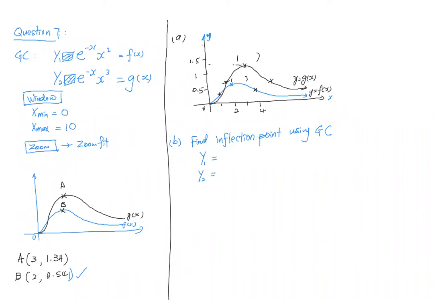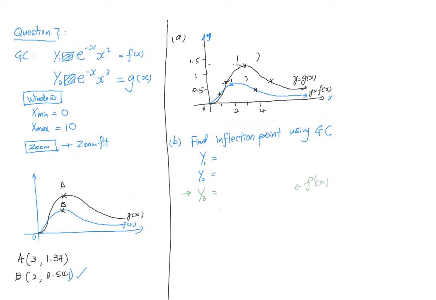So what you need to do is put in Y3. This is important. You want to put in Y4, wherever, it doesn't matter. So you go to the math button and put in f prime x. How to put in f prime x?